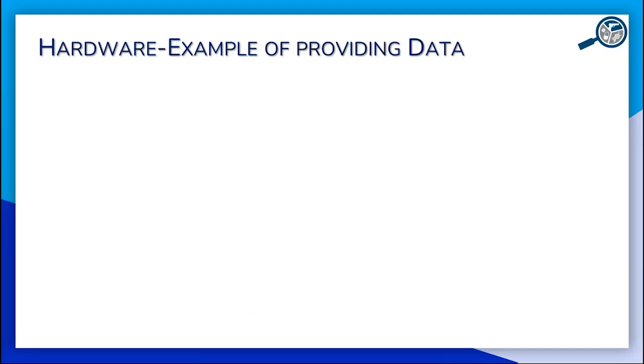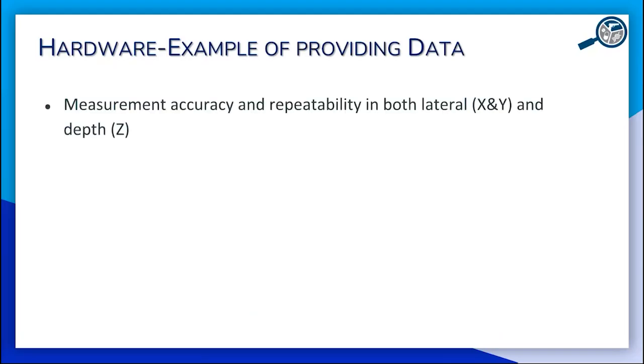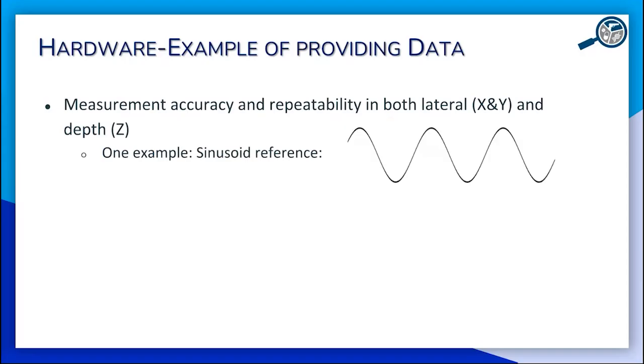So how do we go about providing data to support that? We need to provide some data on measurement accuracy in both lateral and depth measurements that are fairly small. One example that can be used is the sinusoid reference. What's a sinusoid?